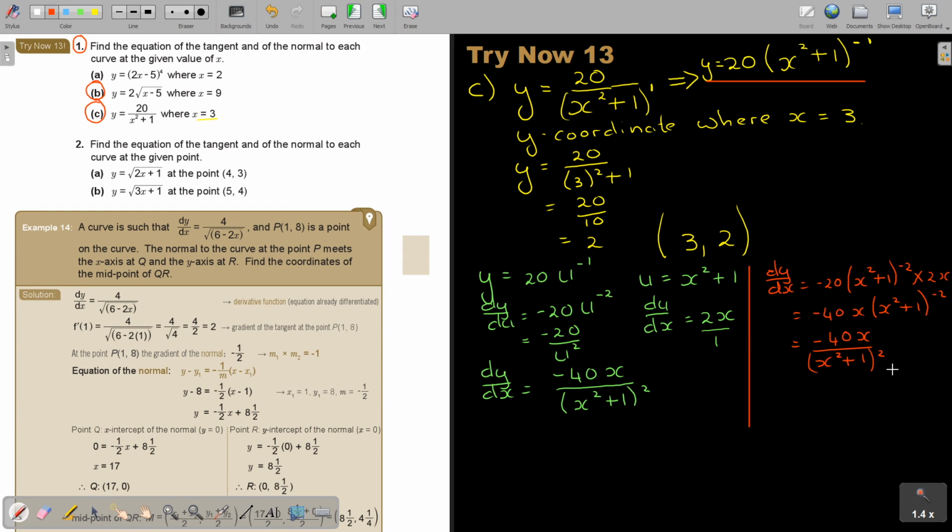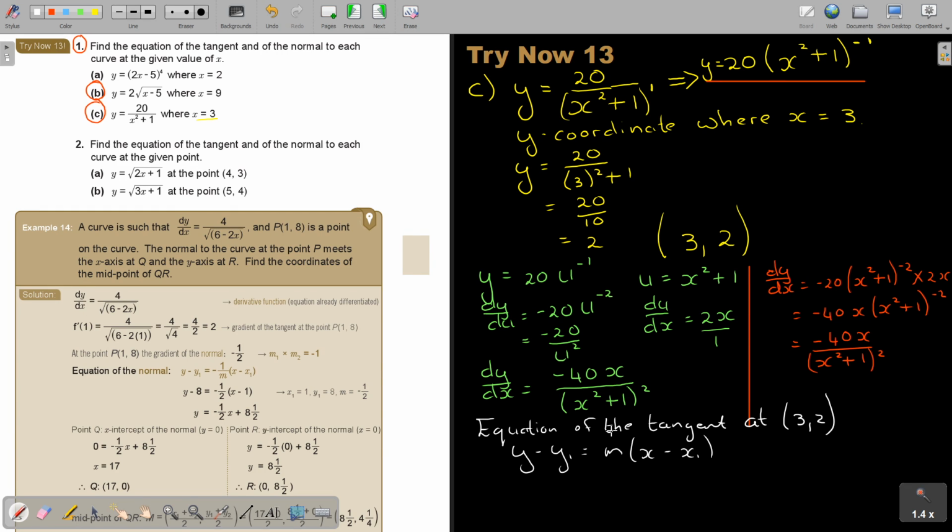Now we move on. So now we're just going to find the tangent, the equation of the tangent. White first. So the equation of the tangent at (3, 2), so y minus y1 equals m(x minus x1).